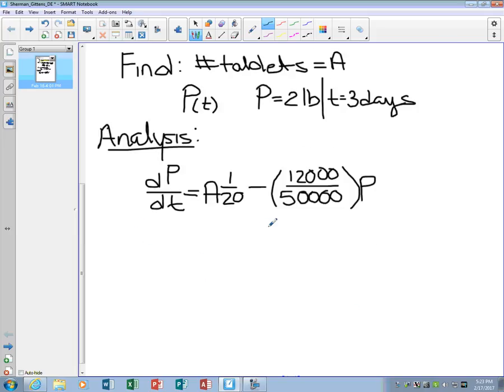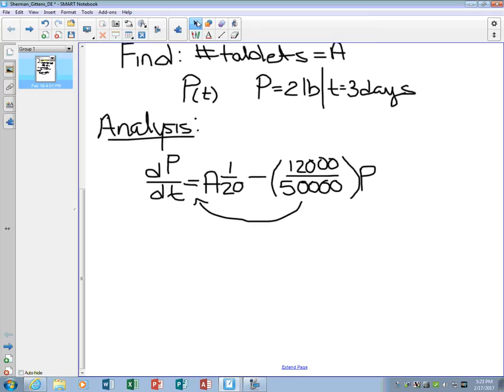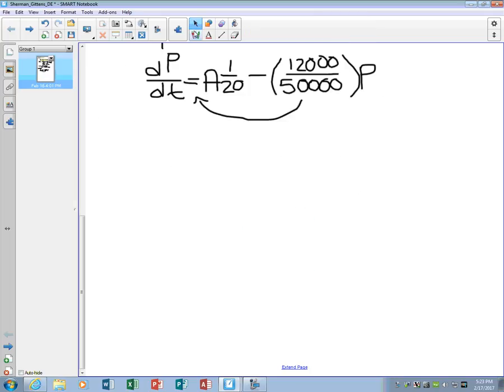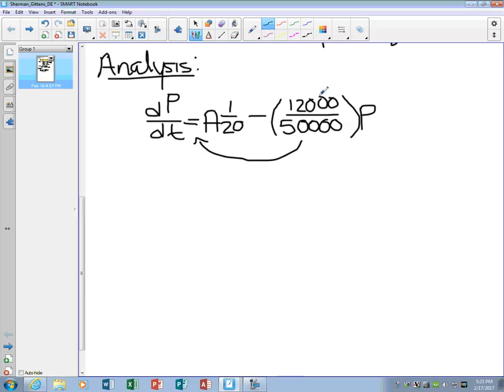Now the real fun begins. We're going to clean up what's inside here, bring it over, and do an integrating factor, and we're going to have all that fun. So let's get started. This inside here can be simplified as 6 over 25.